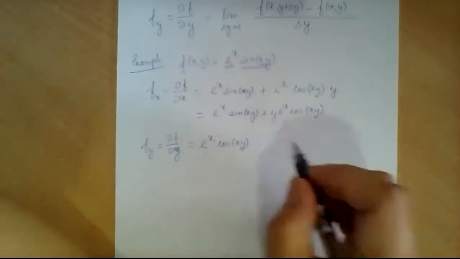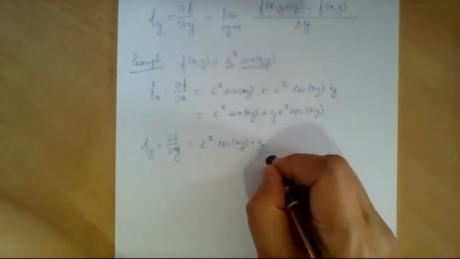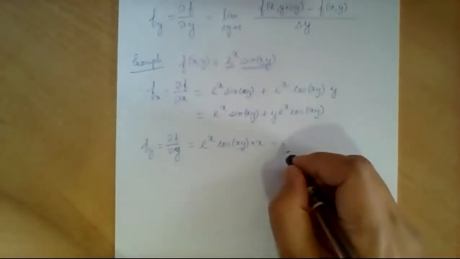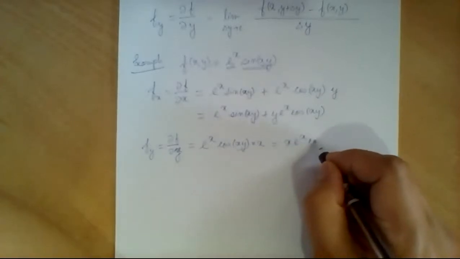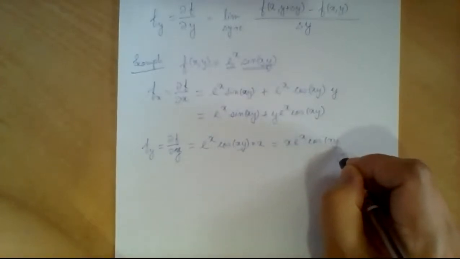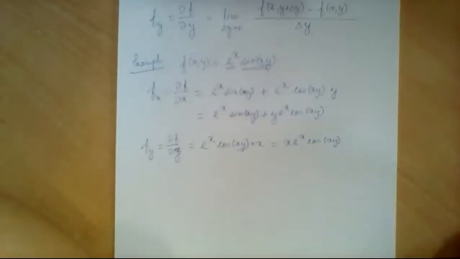Then you differentiate xy with respect to y, which gives x. So the answer is x e to the power x cos of xy. And this is how you calculate the partial derivative of functions of two variables.